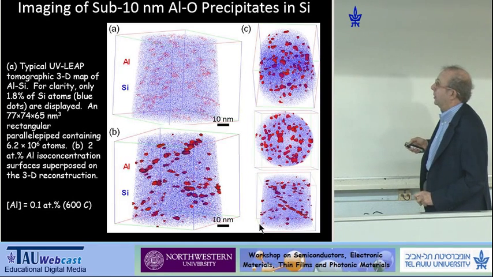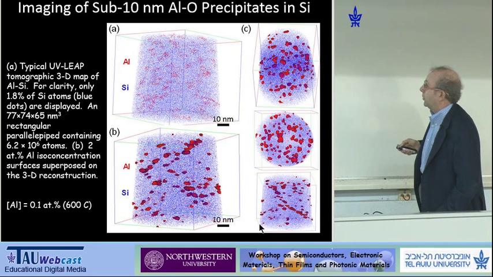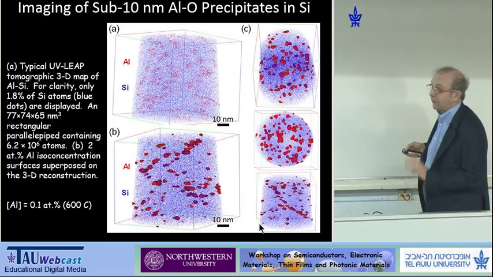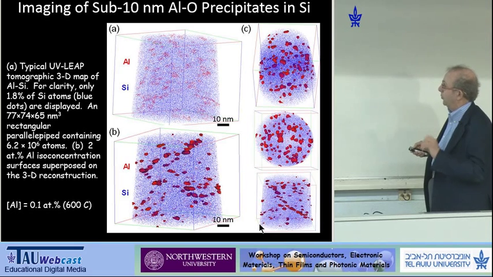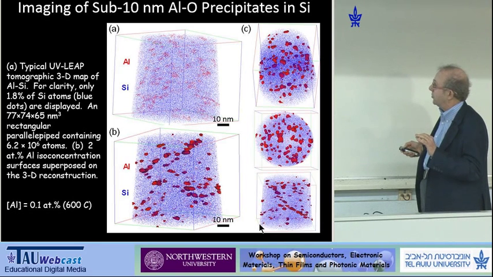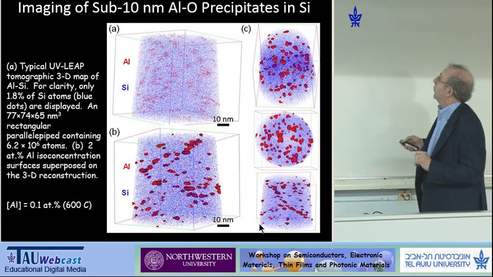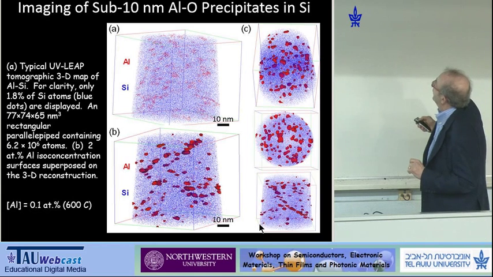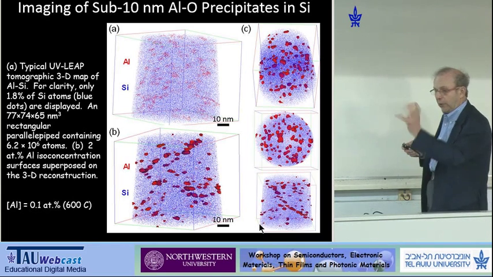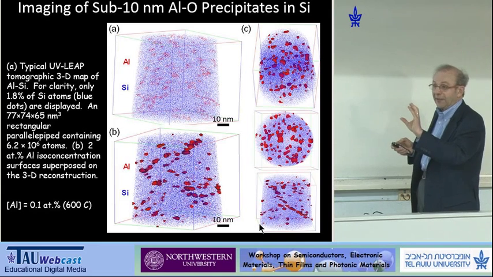In B, we're using a 2 atomic percent aluminum isoconcentration surface. In other words, we define an isoconcentration surface, and we use it to define the precipitates. In C, we can turn it in different directions, and you see different things when you turn it in 3D.